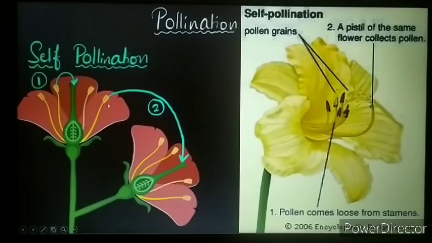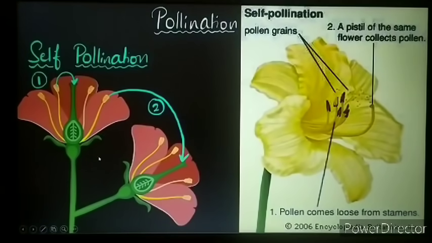So it is the transfer of pollen grains from the stamen of one flower to the stigma of another flower of the same plant. This is also called self-pollination. Why is it so?